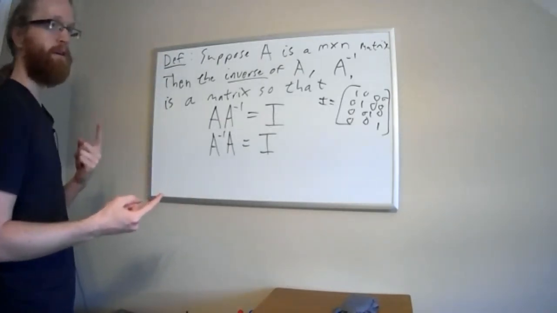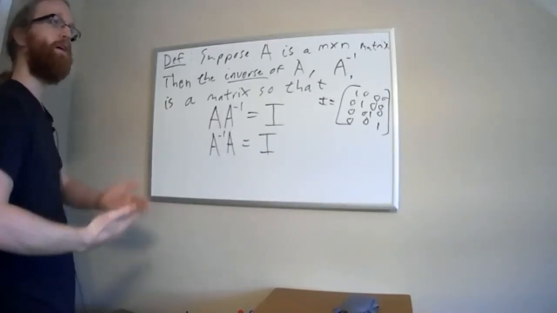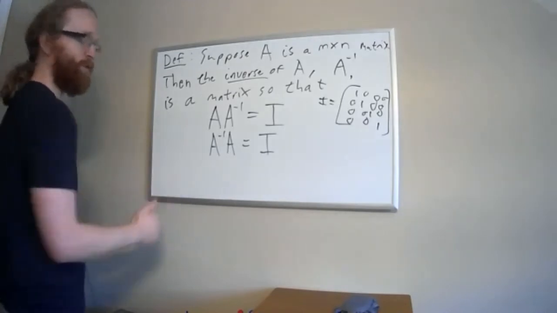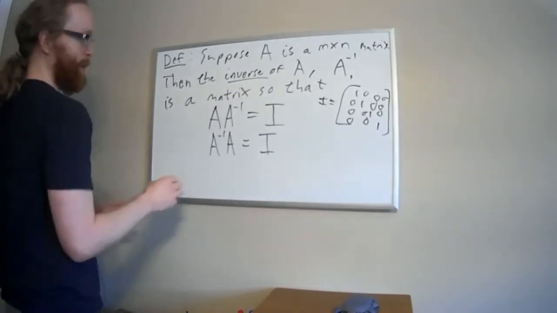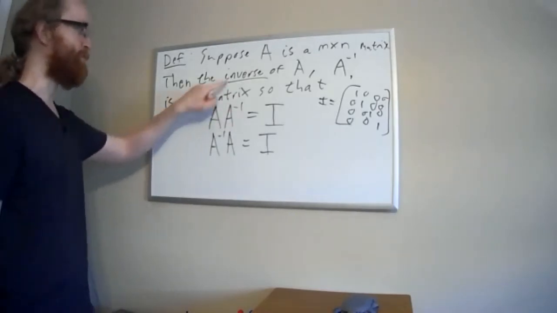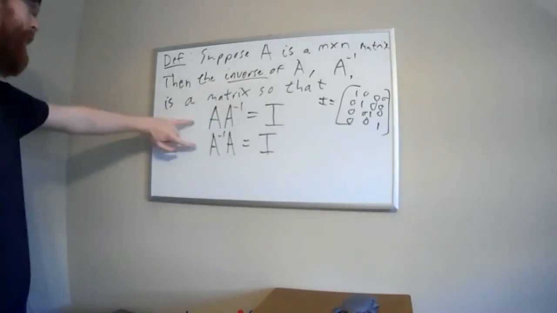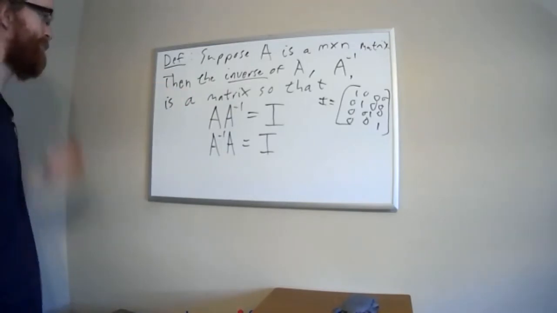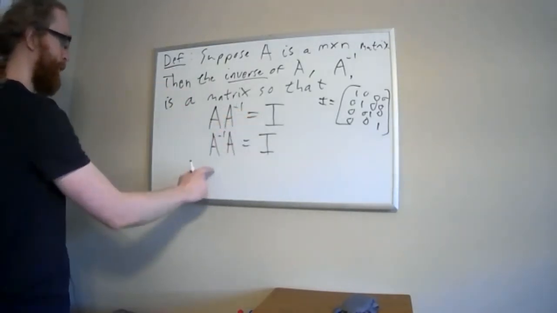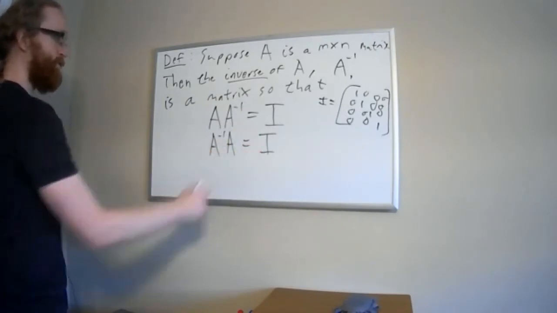So A times B, if A and B are matrices, is not the same as B times A in general. So I need both of these conditions to make this work, because in general, there's no reason that these should be the same. But I'm going to say that if they are the same, you're the inverse. So I have to have these two conditions. Okay. So A times A inverse is I, and A inverse times A is also I.